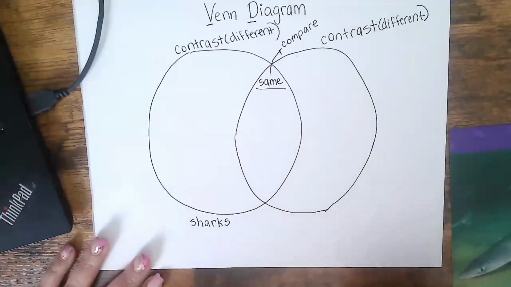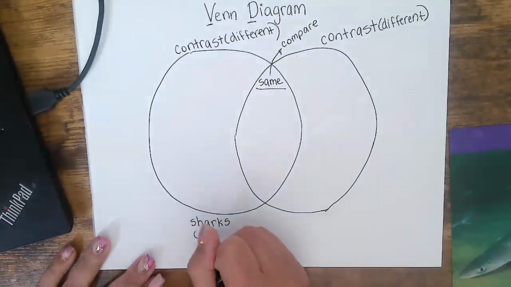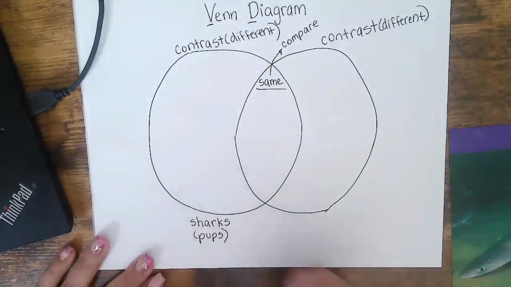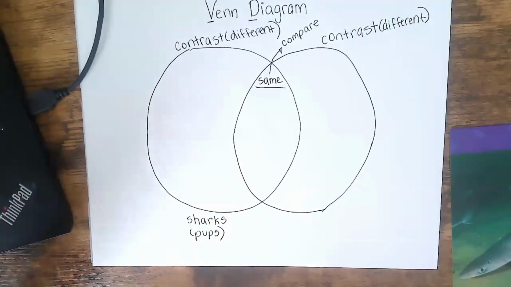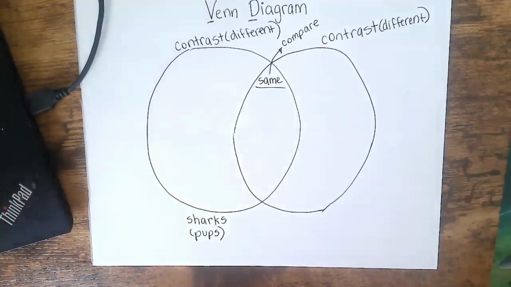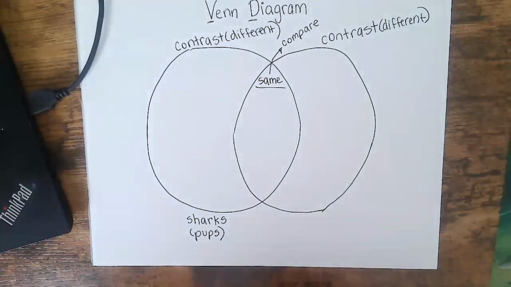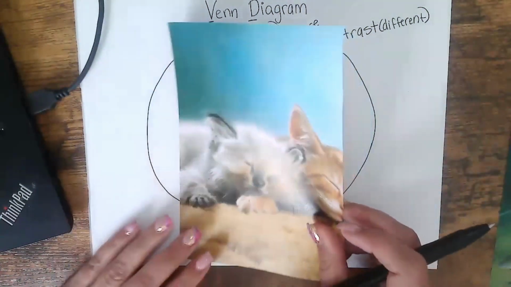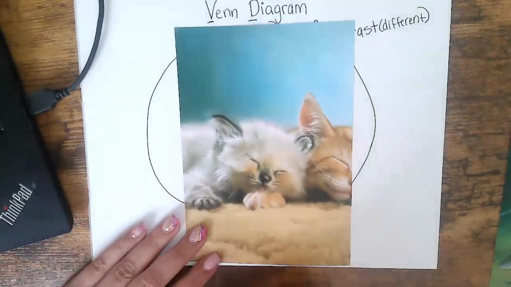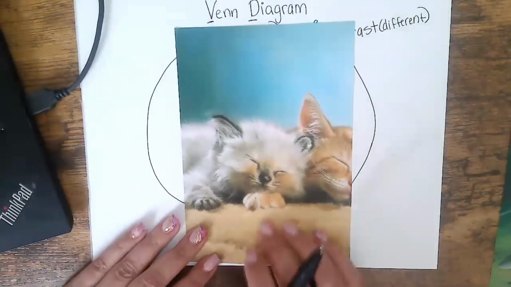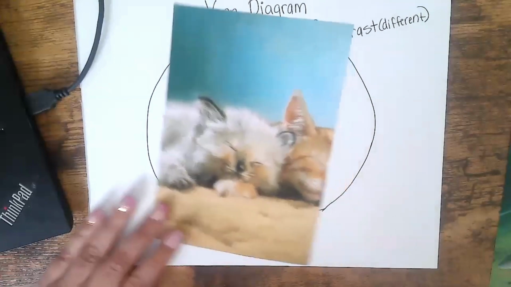Baby sharks are called pups. You might be wondering why I'm talking about baby sharks. It's because my next animal is baby cats, and baby cats are called kittens. Absolutely right.